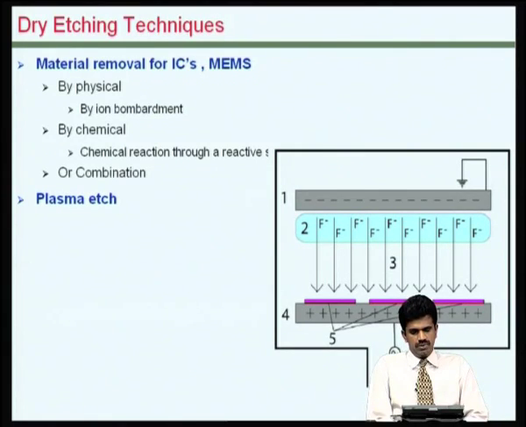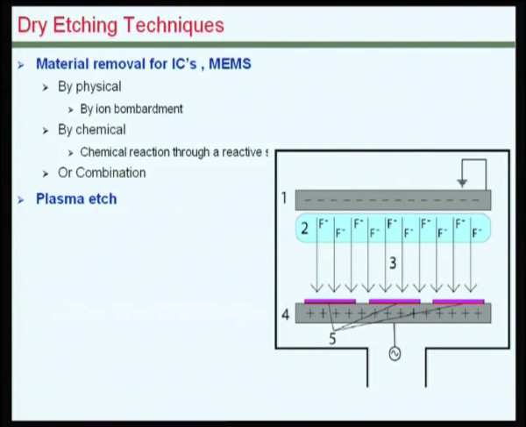In sputtering, if you recall, the ions from the plasma are made to hit the cathode where the target was kept. That causes the atoms to get displaced from the target.